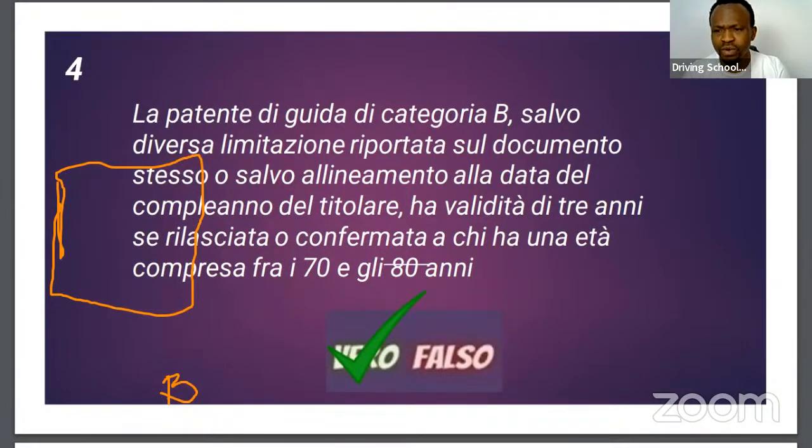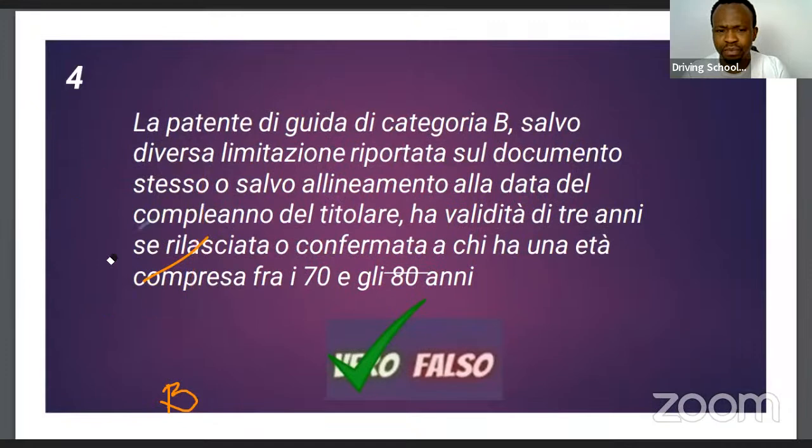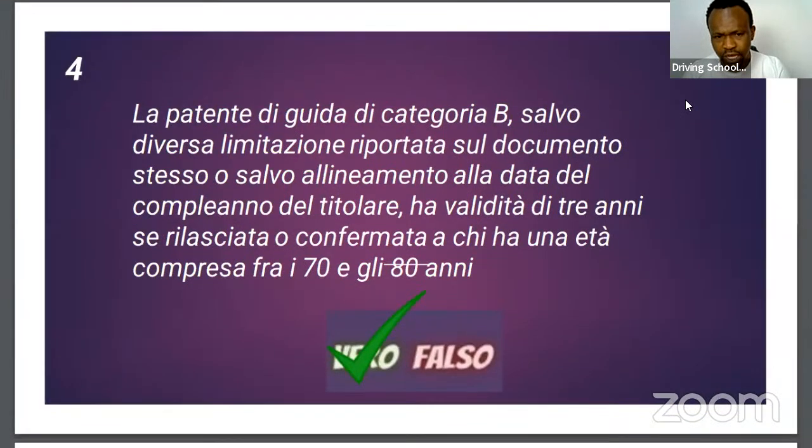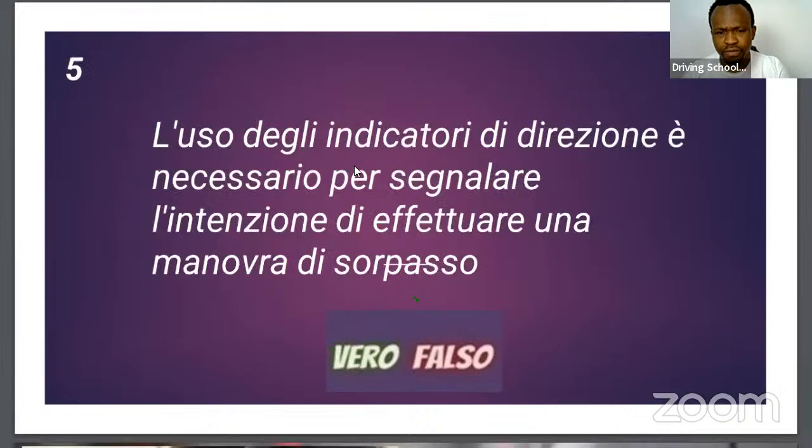So this is our question. I wanted to see that person that is planning to overtake without direction indicator. So for example, this question, where is it? Question number 5. Dice, l'uso dell'indicatore di direzione è necessario per segnalare l'intenzione di effettuare una manovra di sorpasso.